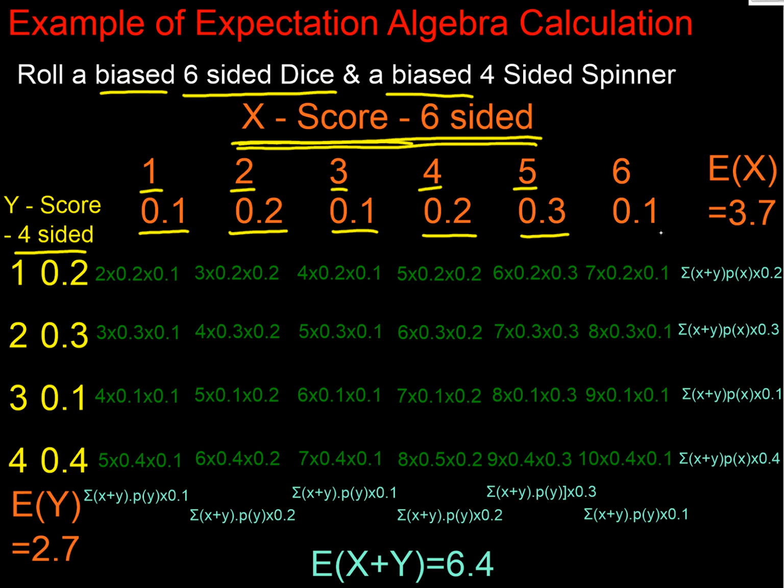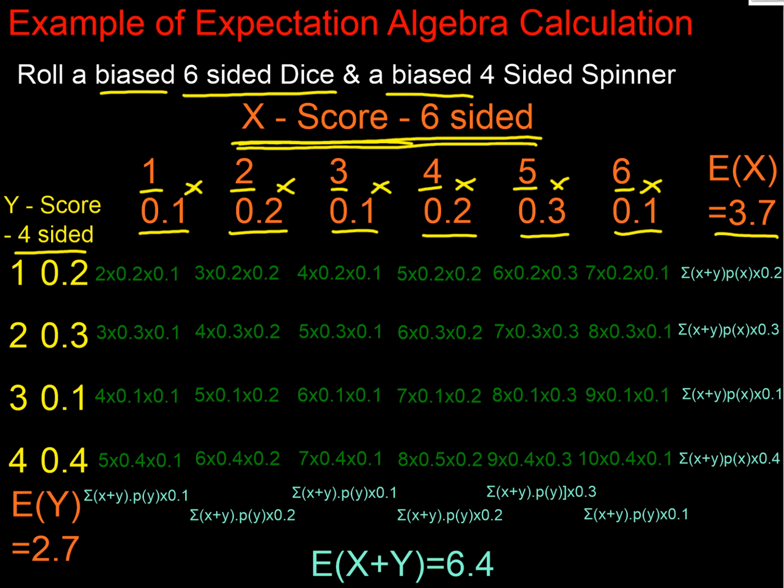And we know that if we multiply each of these together and then sum them, we would get our expected value or expectation, our expected score. And for the six-sided biased dice, we would expect that to be 3.7.